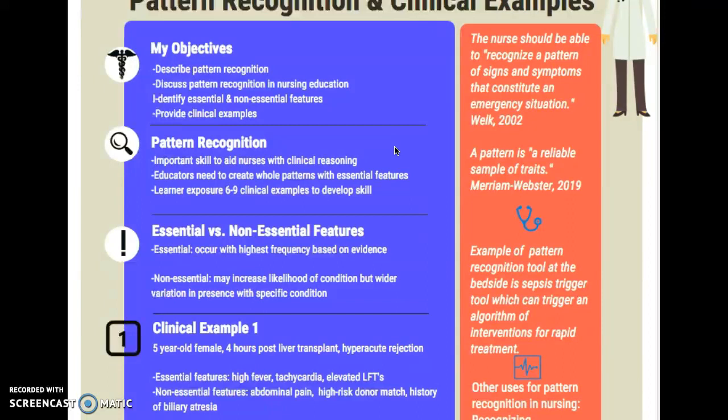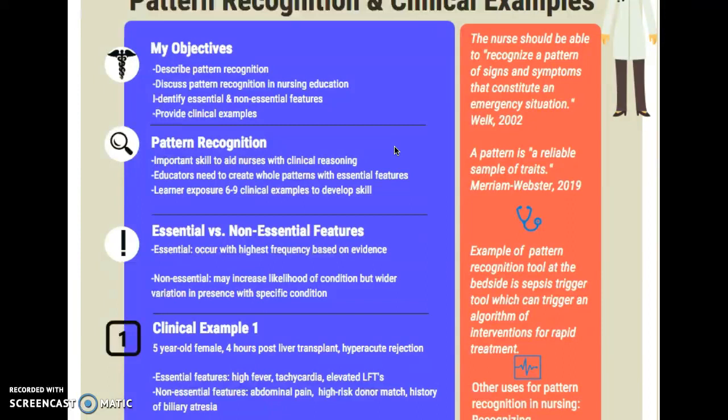So one of the highest ones they identified was chest pain. Another was restlessness. So you would do that with any health condition or any emergency, is make sure that the essential features included are evidence-based characteristics of the patient's clinical manifestations of a specific health care emergency.